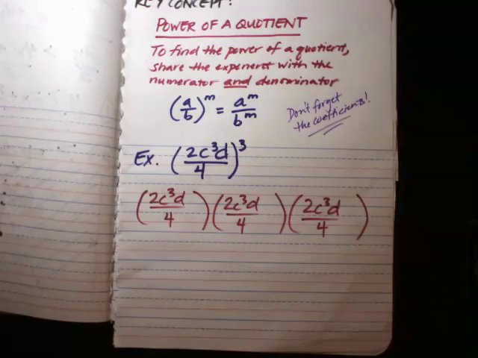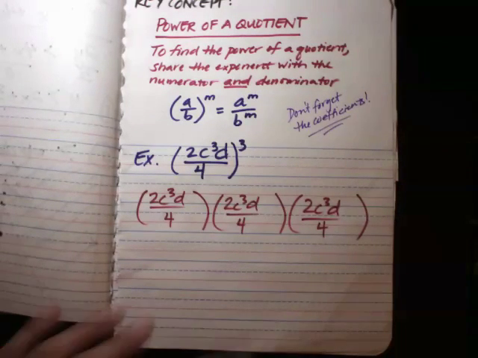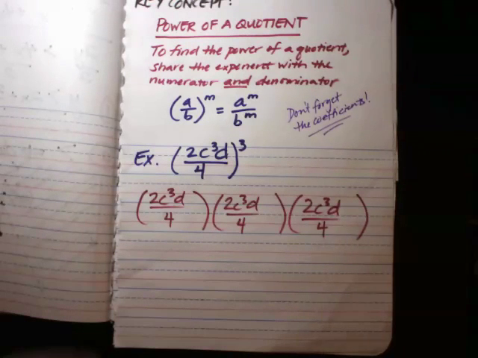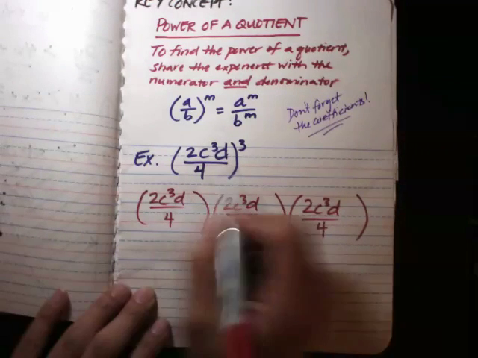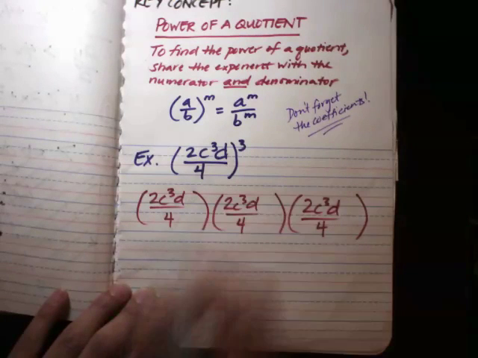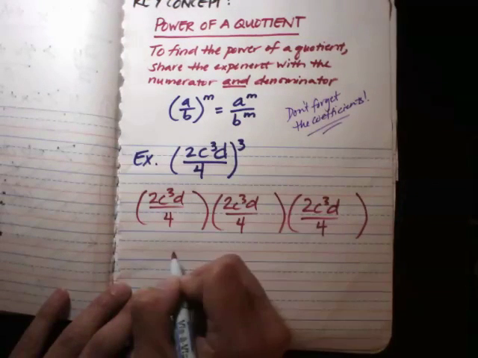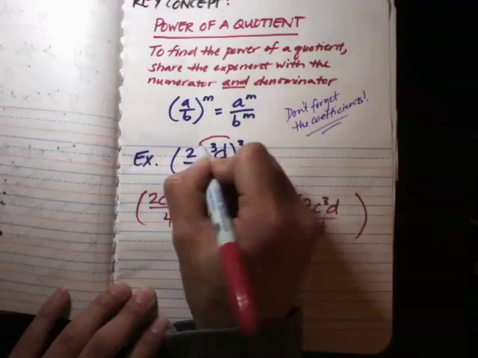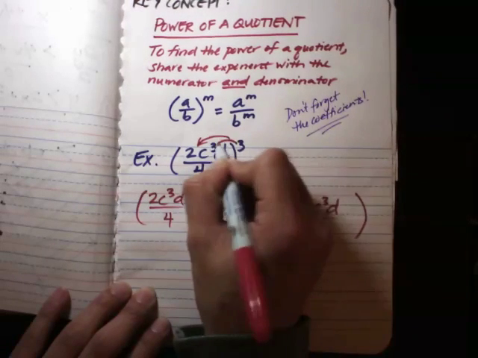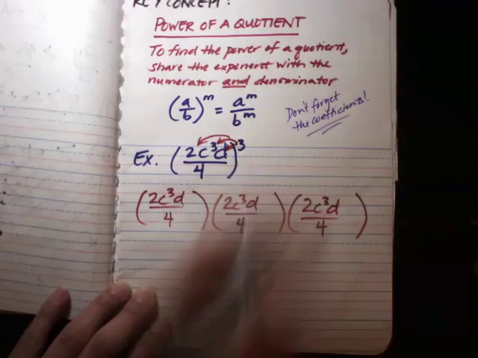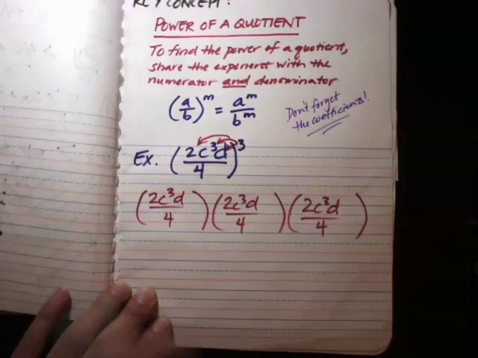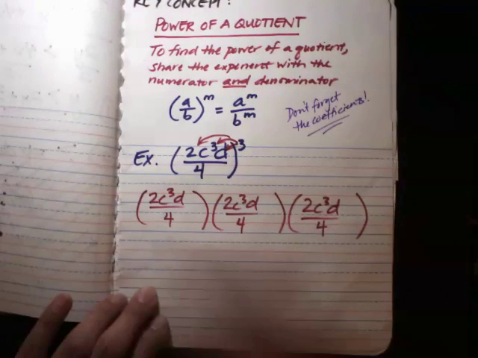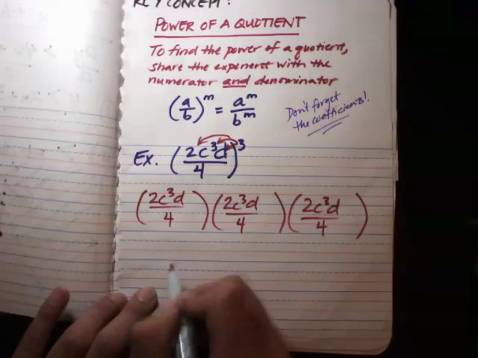But yesterday Mrs. Kwan already talked about the rule when you have a power of a power. So you're going to be sharing that exponent not just with the coefficient but also with every single term, and in this case you're also sharing it with the denominator. So you could either write it out and multiply it out, or you can just share the exponent.